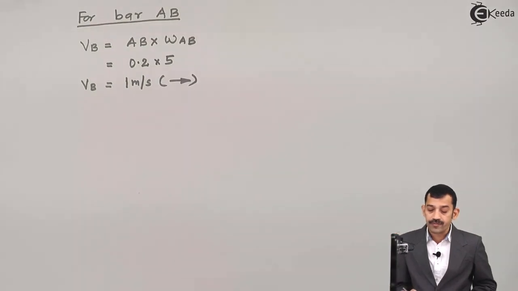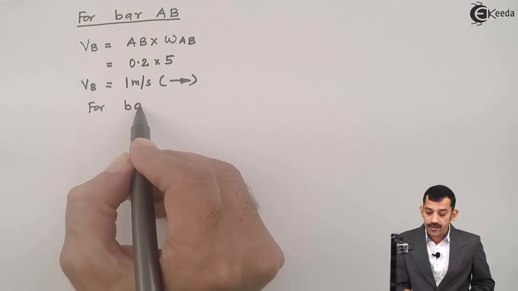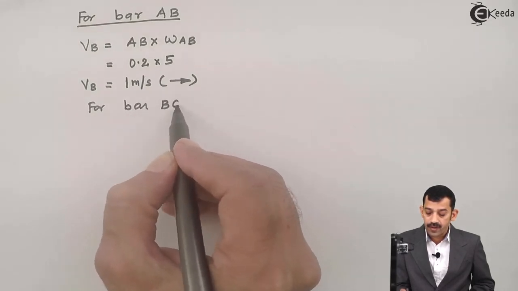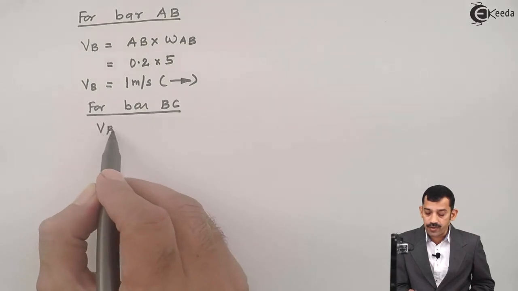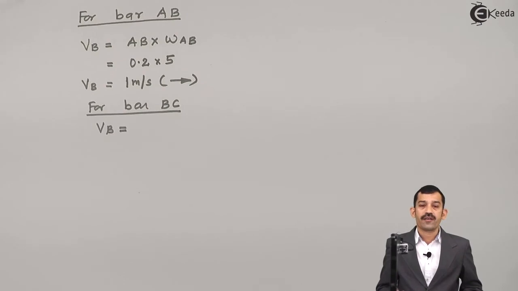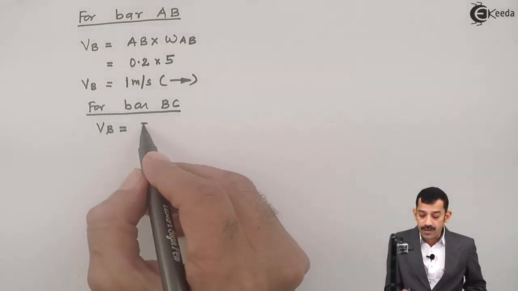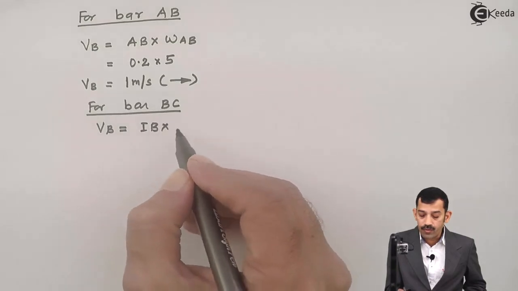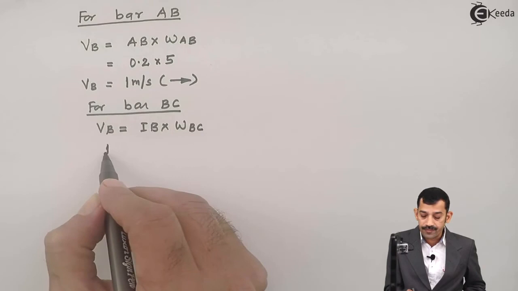Next, for bar BC, as point B is common, again I will write the equation for VB. But for bar BC, the center of rotation is I. Therefore, radius of rotation is IB into omega of bar BC. VB is 1.